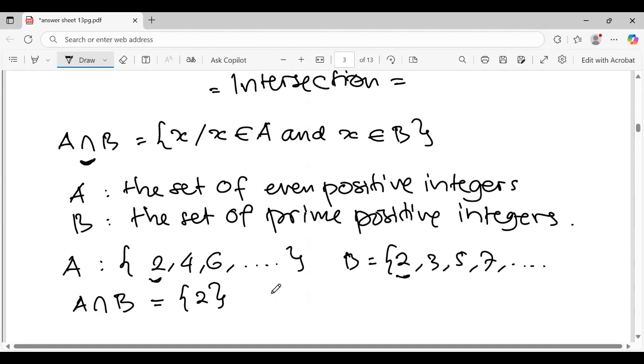So it means the cardinality, the number of elements of A intersection B, equals 1 only, 1 element. Okay.